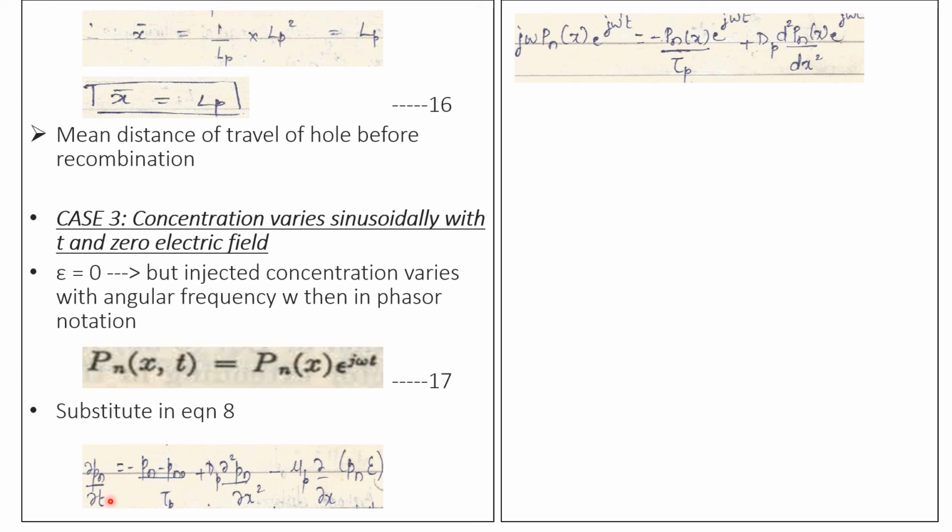This is delta Pn upon delta t, so we differentiate this equation. So Pn of x will be a constant as it doesn't depend upon t, it just depends upon x. So Pn of x we can directly write, and we have to just differentiate e raised to j omega t, so that will be e raised to j omega t into j omega.